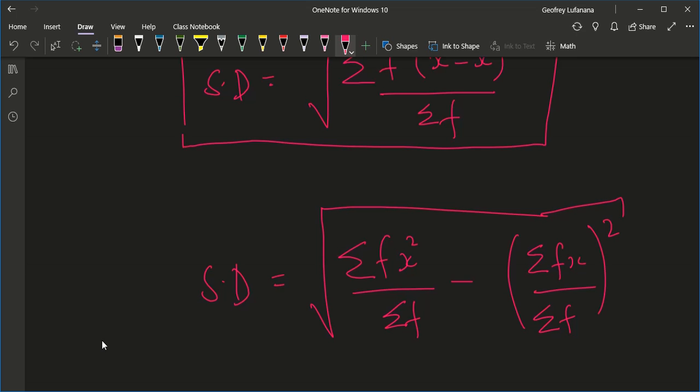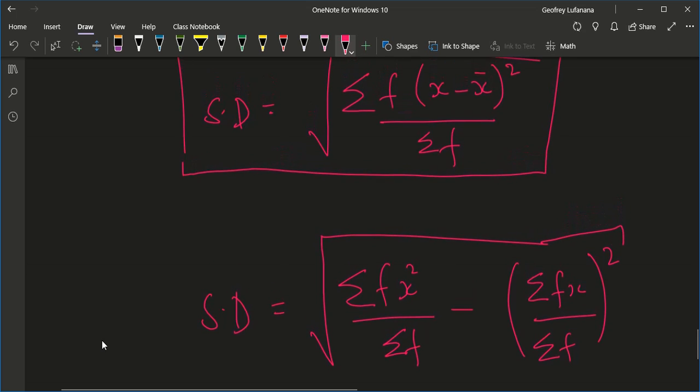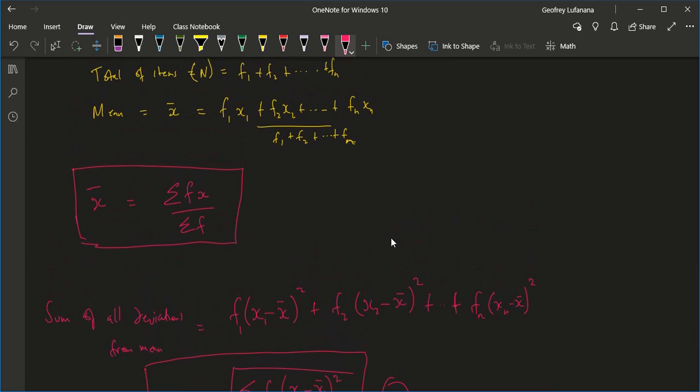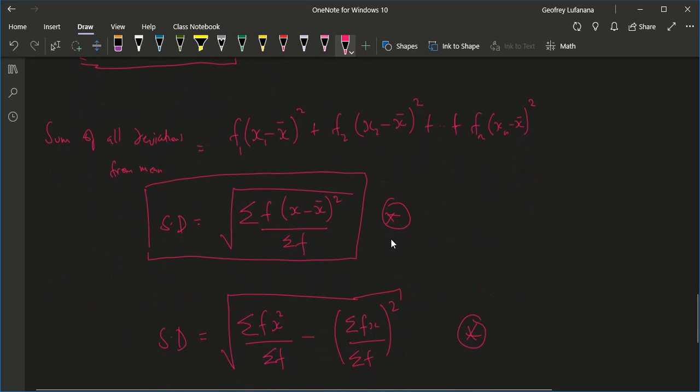So I can choose to use either this formula or this formula, depending on how I've organized my data. So when we have ungrouped data organized in a frequency table, we would use this formula for the mean, summation fx over summation f, and this formula or this one for the standard deviation.